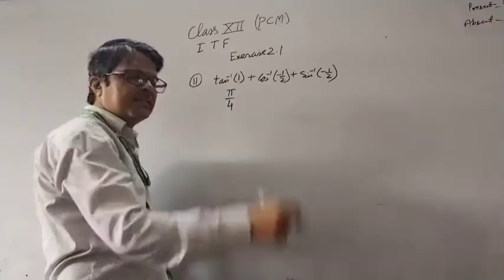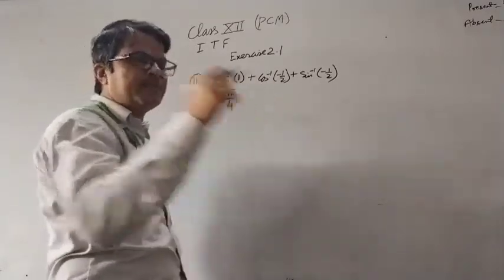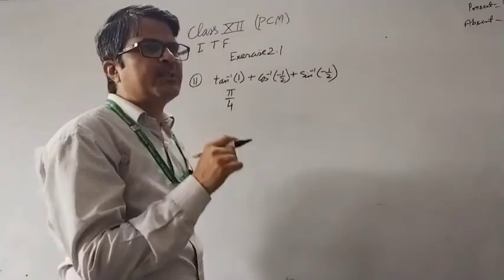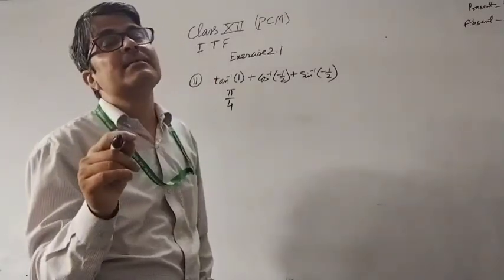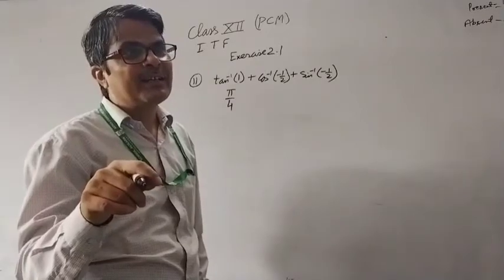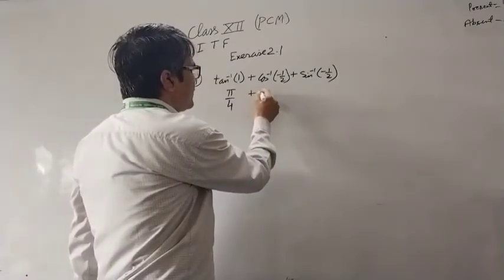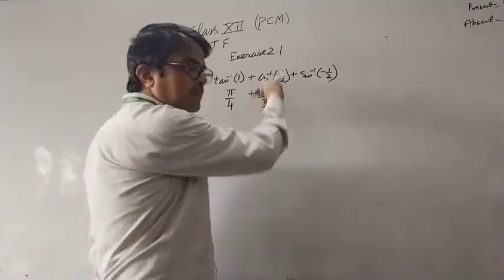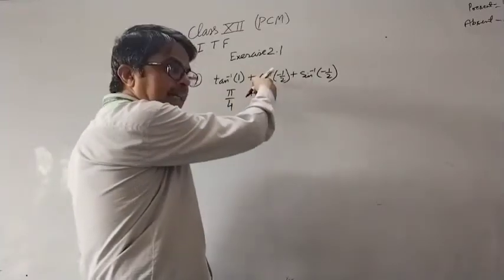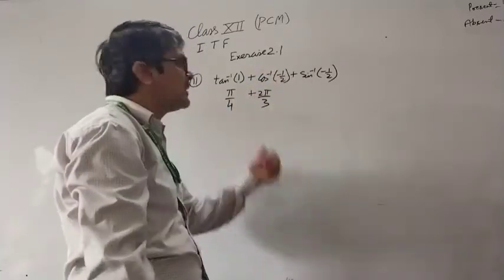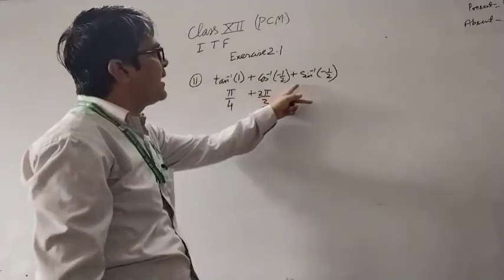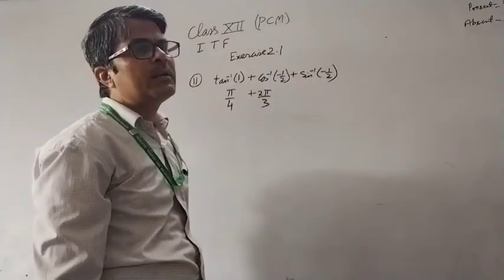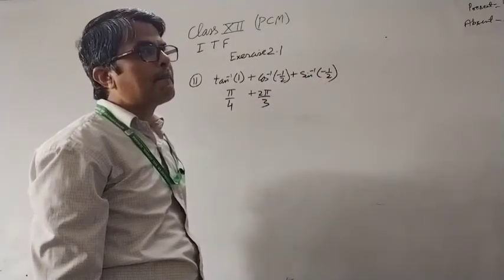Cos inverse minus 1 by 2, we have just discussed. Value of this one is cos pi minus pi by 3, so 2 pi by 3. But in board examination, you have to take it and solve as I have solved in question number 1. And here, what will be the value? Pi by 6. Minus.